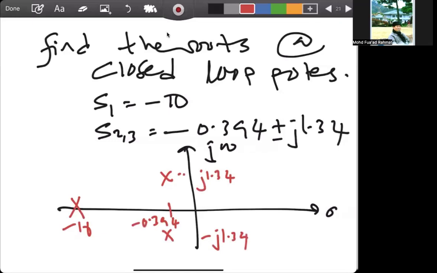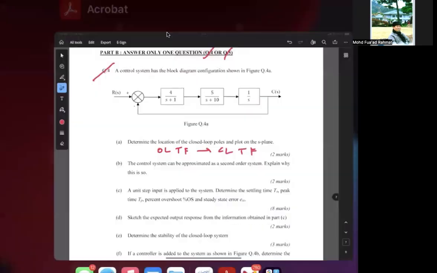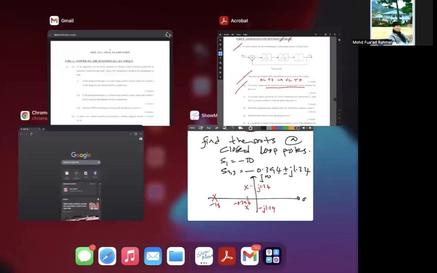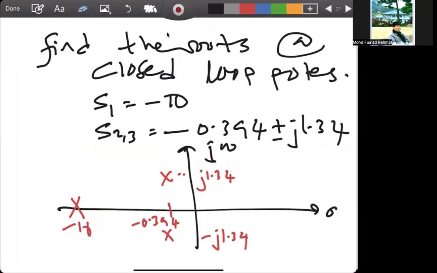Okay, so we already answered this one. It can be approximated as a second order system. Explain why the control system can be approximated as a second order system. So we look here.